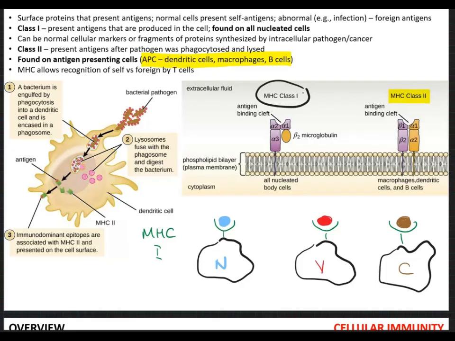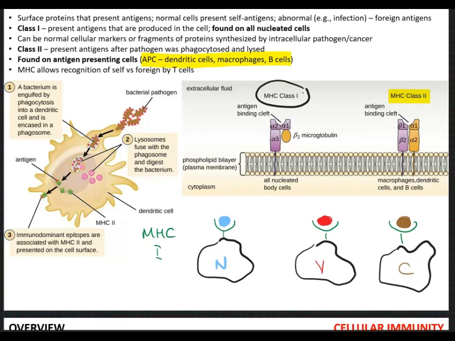So if they have class 2, they must always have class 1. Is that how that works? Class 1, you have to be nucleated. That's all. Class 2, you have to be antigen presenting cell. All antigen presenting cells are nucleated.